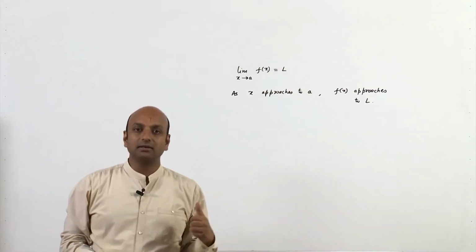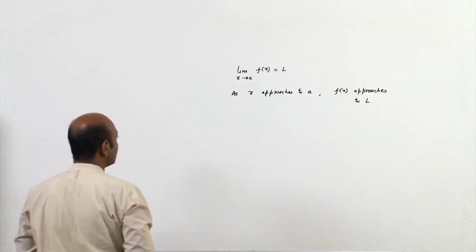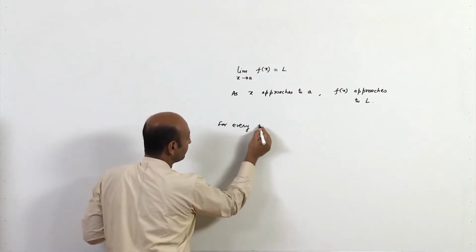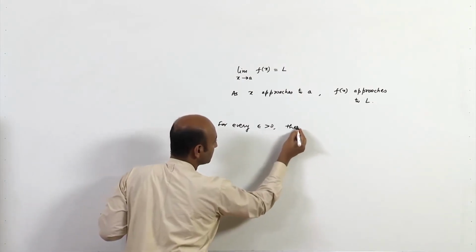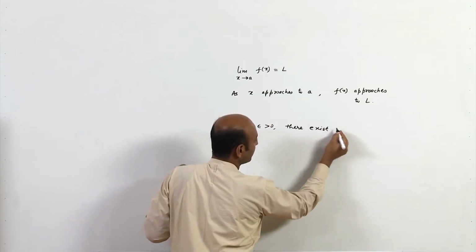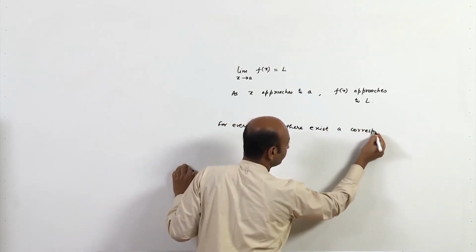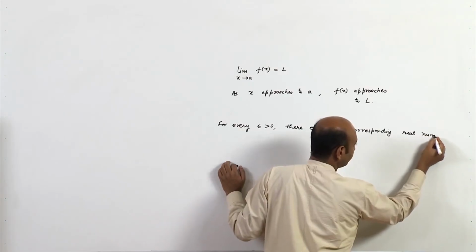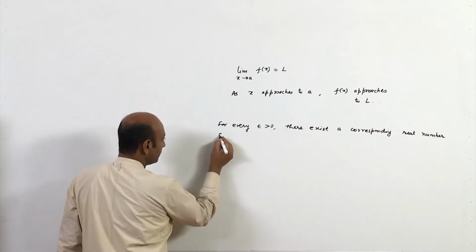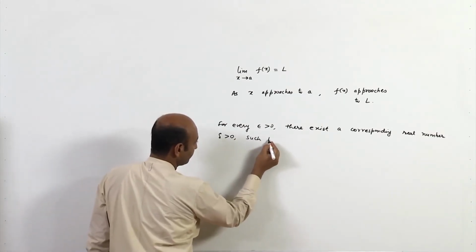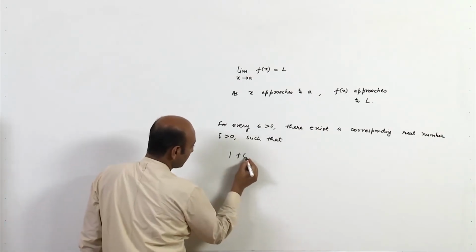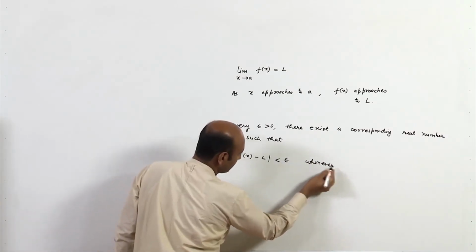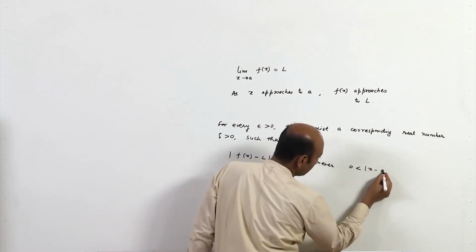Now how can we define this mathematically? The mathematical definition of limit is, for every epsilon greater than 0, there exists a corresponding real number delta greater than 0 such that mod f x minus L is less than epsilon whenever 0 is less than mod x minus a less than delta.